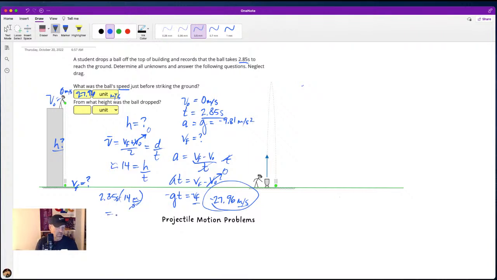That's not quite 42. So I'm going to put 27.96 divided by 2, which turns out to be 13.98, times 2.85, and that's equal to 39.84 meters. So it's important that we make a list and use the list to determine which equation we're going to use.